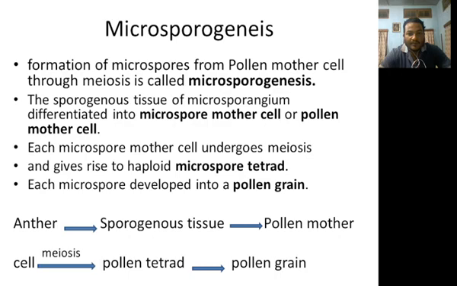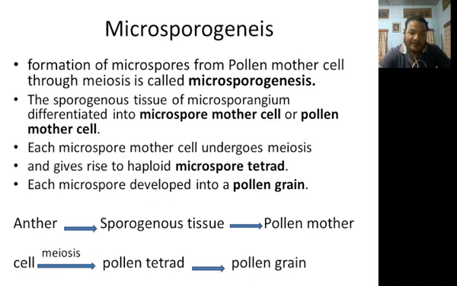The formation of microspores from pollen mother cells is known as microsporogenesis. Here you can see, when we take a transverse section of the anther, we find four sporangia, and the central portion of the sporangium we call sporogenous tissue.